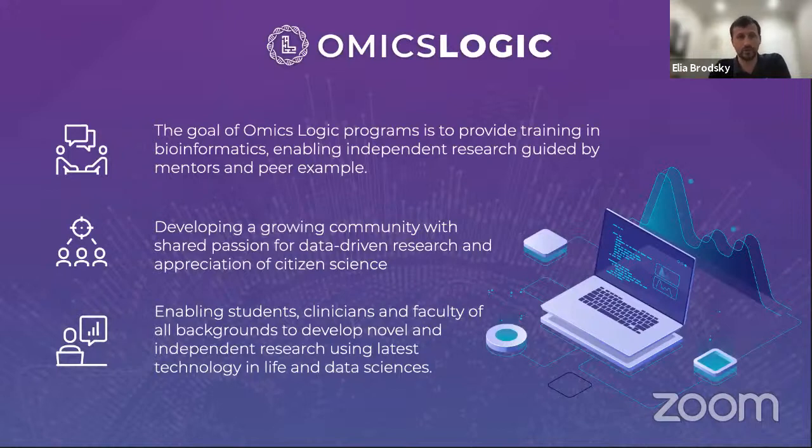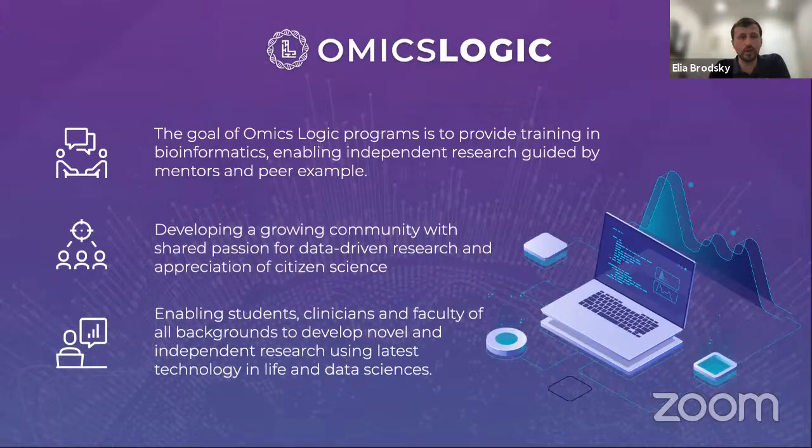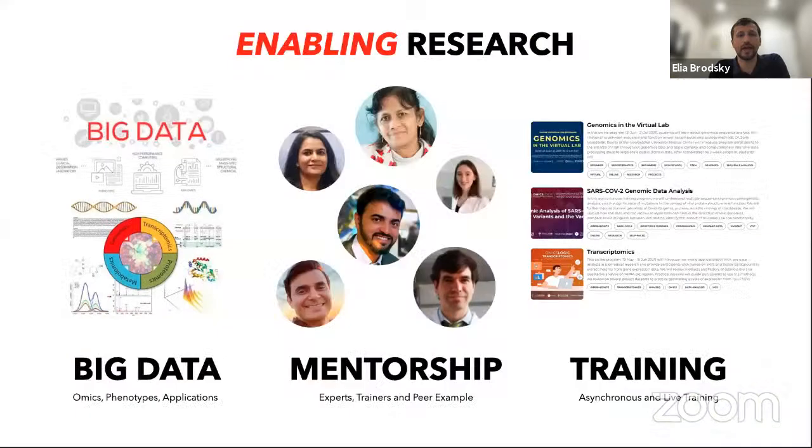And we want to help students, clinicians, and faculty of all backgrounds to develop novel and independent research using the latest technology in life data science. And so we have been working on enabling research using these three things: big data analysis tools that are easy to use and train people to use them effectively, provide mentorship by building a network of mentors that are available for answering your questions and guiding your research, and then providing training.